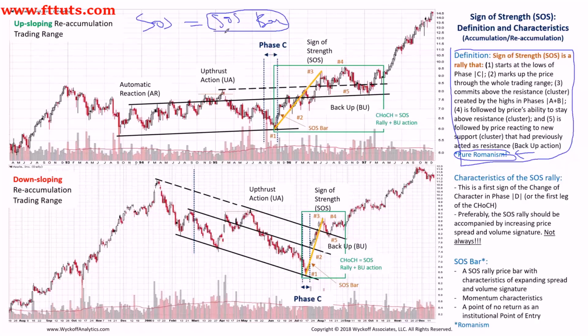It could be a definition of a sign of strength bar. It's a characteristic. We know that the characteristics of the sign of strength bar are going to be exactly that: increasing upspread and increasing volume signature. But it's not necessarily a definition for a sign of strength rally.